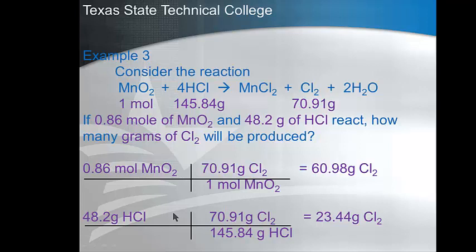The process is repeated for the hydrochloric acid. The given amount from the word problem and the conversion factor from the balanced equation. Here again, the matching units are placed diagonally to each other so that they will cancel.